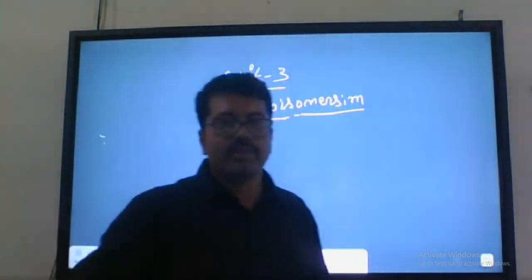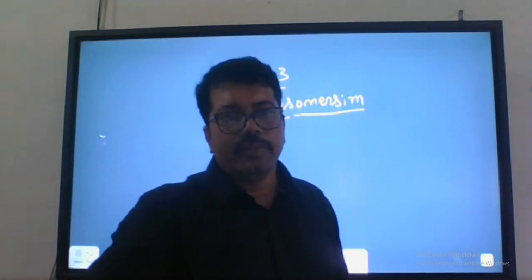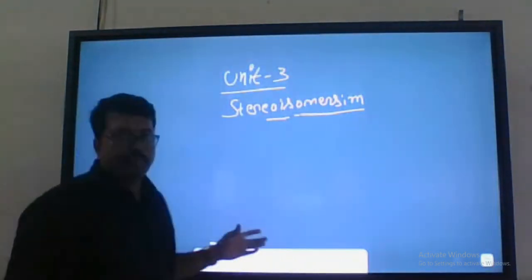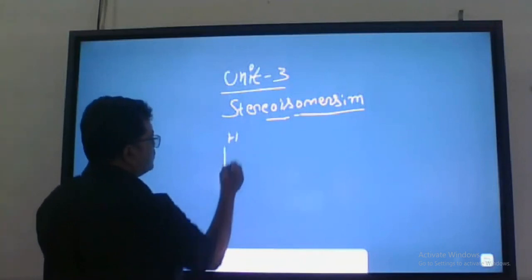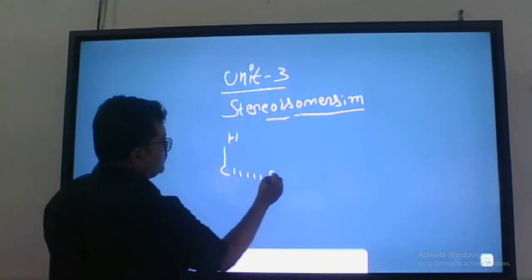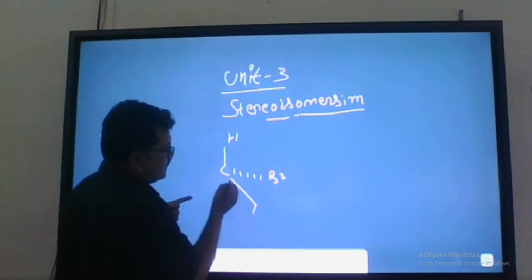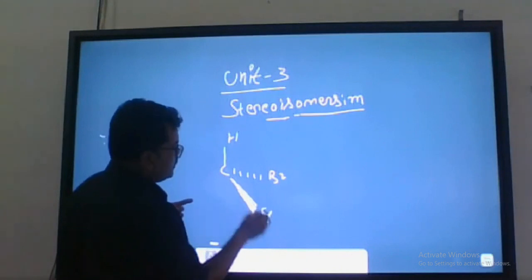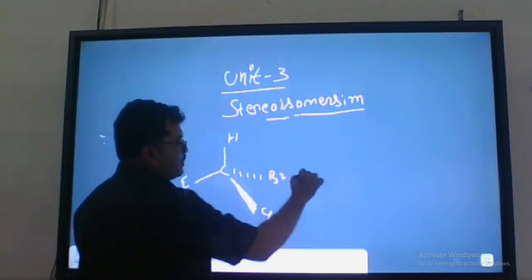So what are enantiomers? Enantiomers definition using a pair of molecules. If you take this as an example, this is fluorine and this is fluorine.